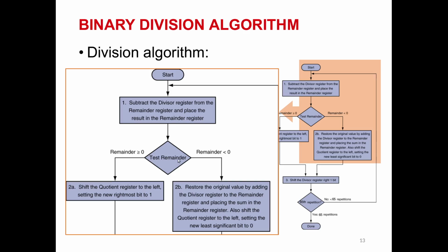If the remainder is smaller than 0, which is implied by the most significant bit of the remainder, in that case you need to restore the original value by adding the divisor back to the remainder.